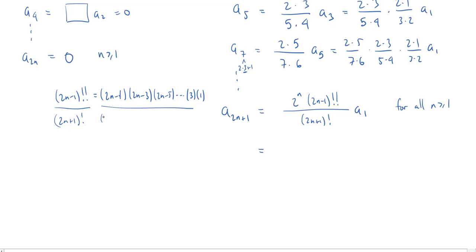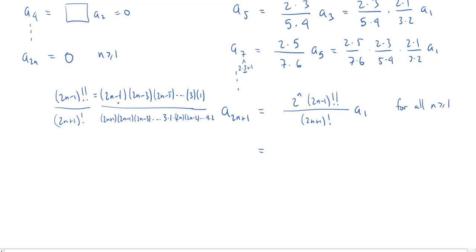So over here, I would have 2n plus 1, and I'm going to write this in a funny order. I'm going to do all the odds first, dot, dot, dot, 3, 1. And then I'll write the missing evens: 2n and 2n minus 2 and so forth down to 4 times 2.